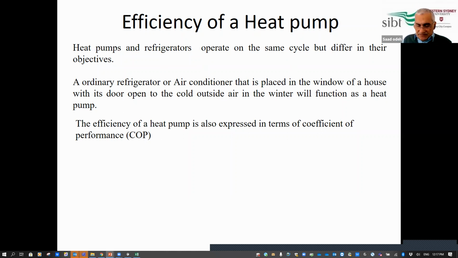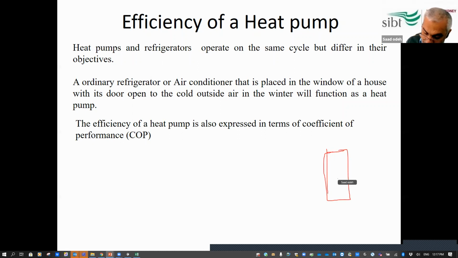In heat pumps, for example, at home, if you have an air conditioning system, either a split unit or window type unit, what are we actually doing?